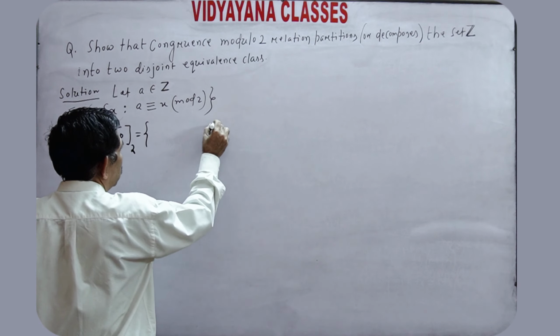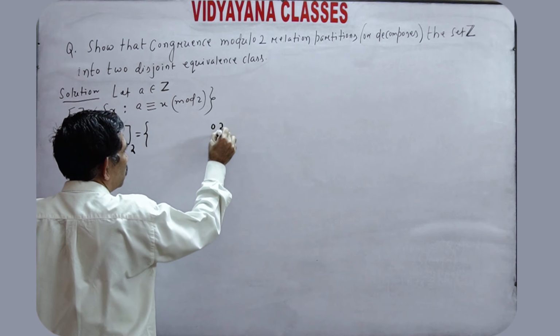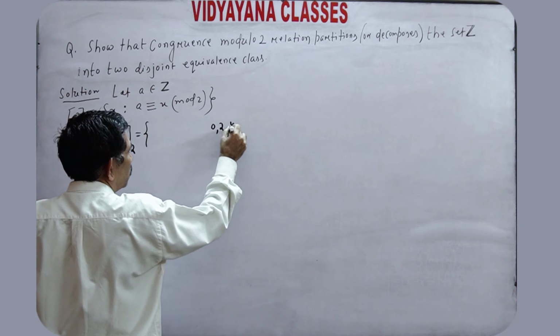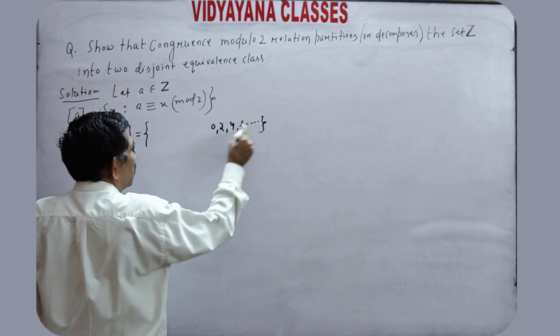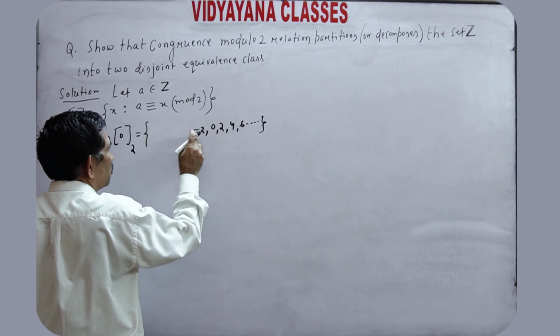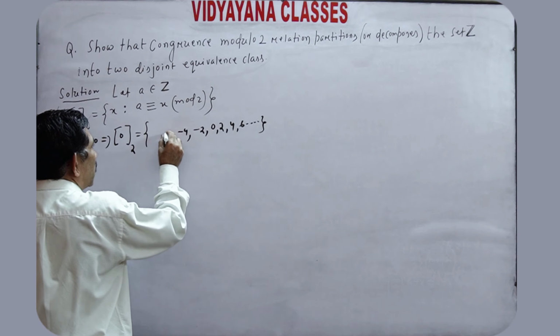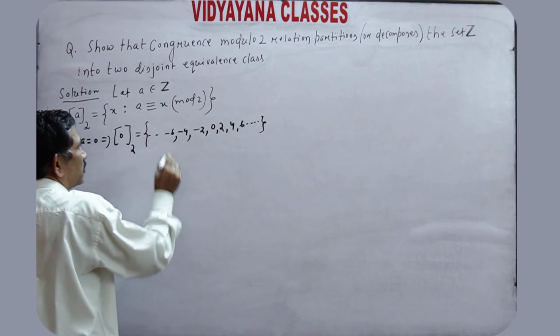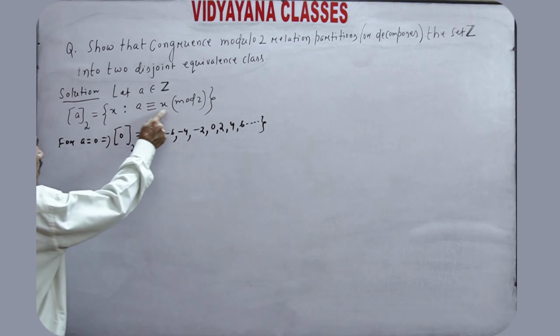0 minus 0 is divisible by 2. Here the modulo is 2. 0 plus 2 is 2, 2 plus 2 is 4, 4 plus 2 is 6, and so on. 0 minus 2 is minus 2, minus 2 minus 2 is minus 4, minus 6, and so on. a minus x is divisible by 2.